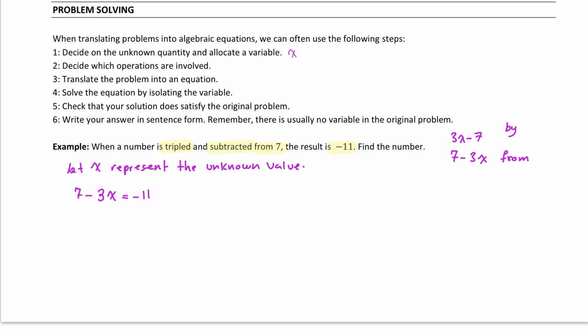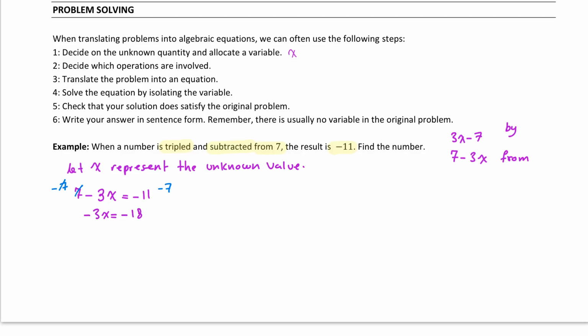We do that by subtracting 7 from both sides. So I will write that in blue. So minus 7, minus 7. That will get rid of this 7. And I will end up getting negative 3x is equal to negative 11 minus 7, which means negative 18.